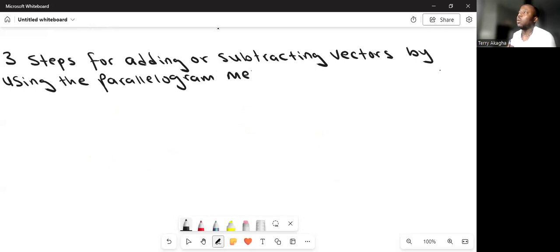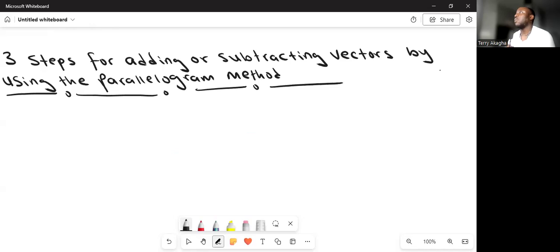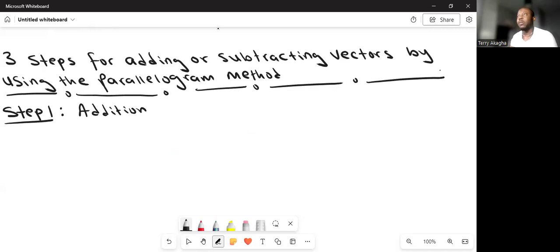Okay, so I'm going to see if I can summarize this so that it will be just 3 steps that you can use to do this. So the first one, because I have both addition and subtraction, I'm going to see if I can break it down into 2. So step 1, I'm going to first start with addition, then I'm going to do subtraction, okay?